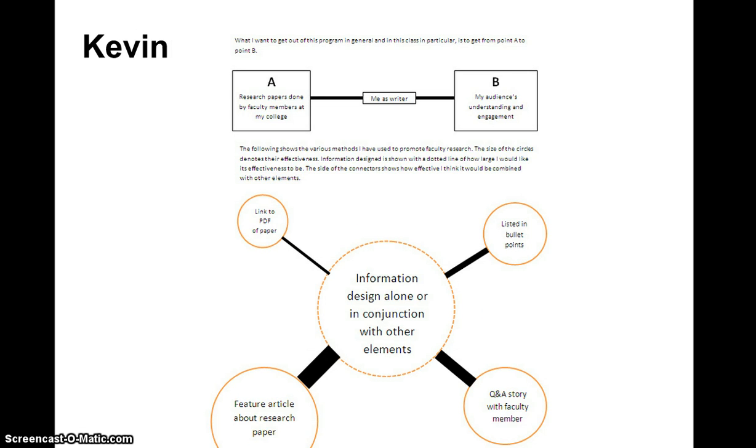Kevin takes two approaches in the same image. One is linear, left to right, A to B, suggesting a process, and then in the bottom half, a hub and spoke design, suggesting centrality, using size, to my mind, to render importance.